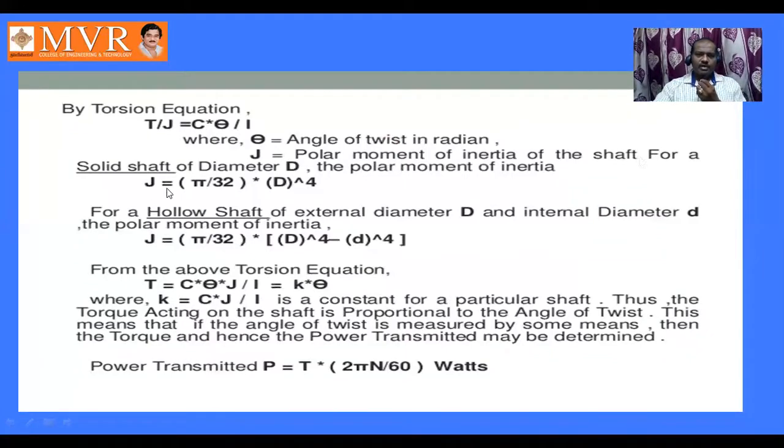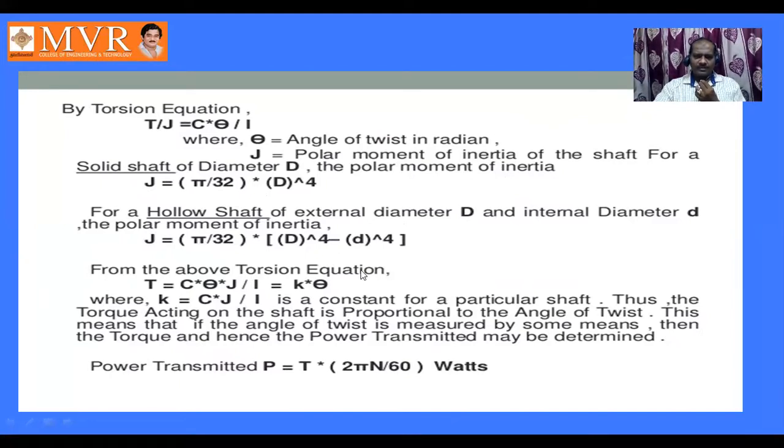For a solid shaft of diameter d, the polar moment of inertia is J equal to pi by 32 into d to the power of 4. For a hollow shaft of external diameter D and internal diameter d, J is equal to pi by 32 into D to the power of 4 minus d to the power of 4.